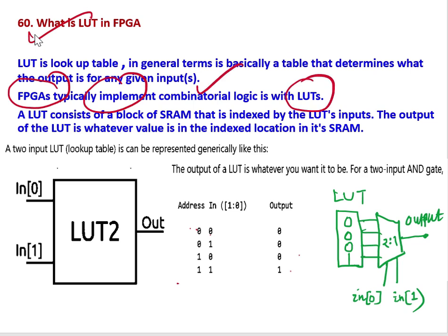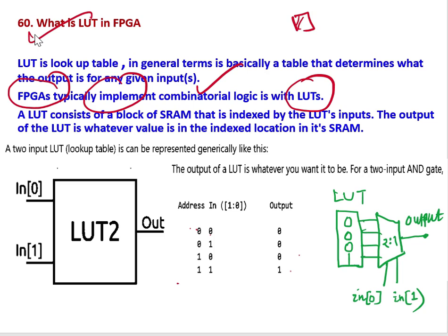So when we write any combinational logic, let's say an AND gate, and want to dump that code into FPGA, how is the FPGA going to react, how will the FPGA get to know what the output should be?